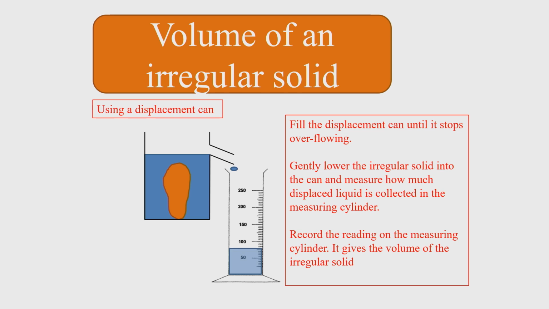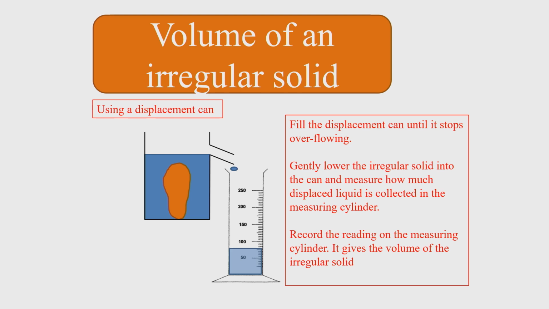Sometimes our irregular solid does not fit in the measuring cylinder. We then use a displacement can. Our displacement can is filled till it overflows.